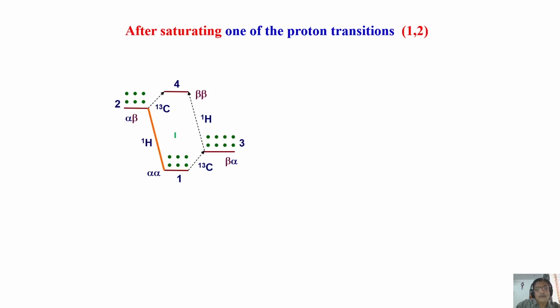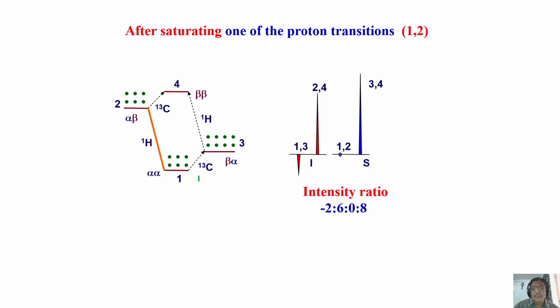The populations which were more here, about 10 and 2, I now made equal, 6 and 6. That's all. We saturated only one proton peak. See the effect now. Calculate the intensity ratio. In this case, where I saturated, the intensity is 0, whereas in the other case the signal 8 minus 0 remains the same. It is not affected at all.